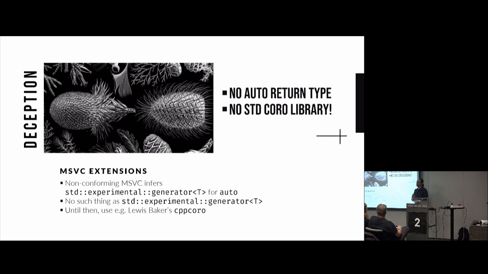C++20 brings us very, very powerful low-level mechanisms that explain how linear serial code using these keywords is transformed into something that generates generators and other interesting types, and it tells the library writers what the APIs of these types should look like, but it doesn't actually come with anything like a generator. So again, std::experimental::generator is actually an extension for Microsoft Visual Studio.